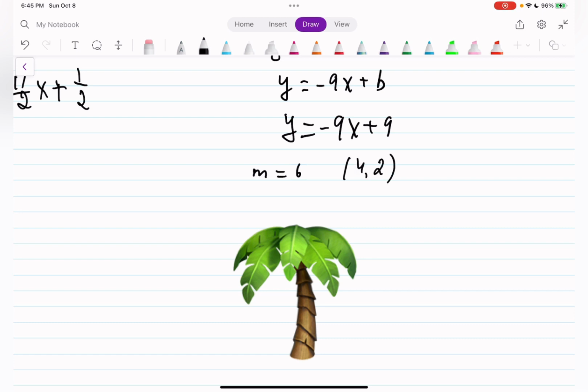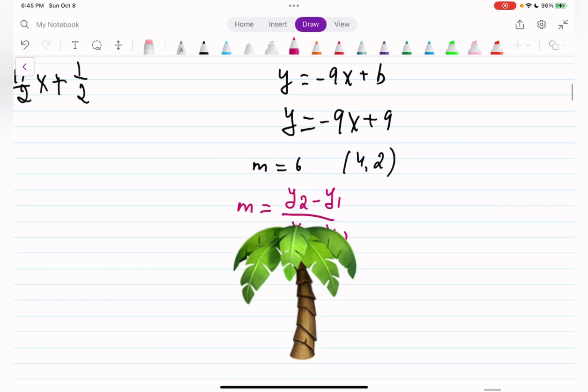All right. M is equal y2 minus y1 over x2 minus x1. So from here, y2 minus y1 is equal m times x2 minus x1. How? Okay, imagine this is an equation, right? And the denominator is x2 minus x1, which means what am I going to do?